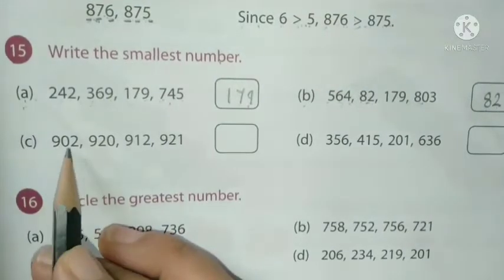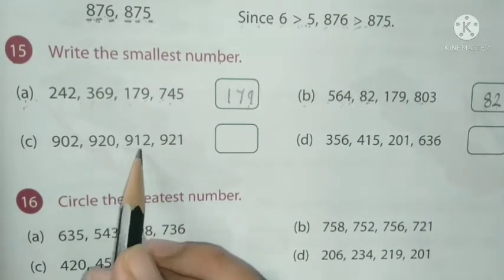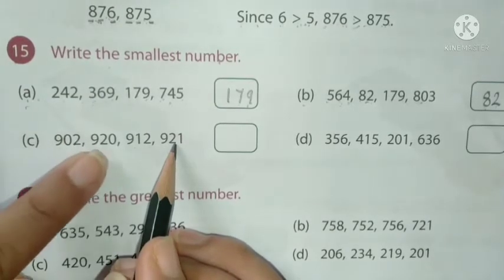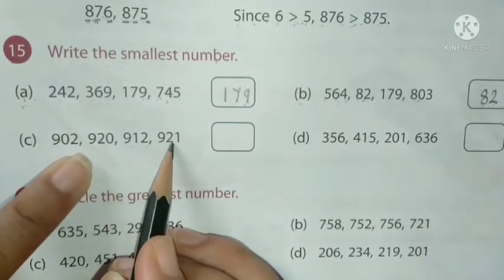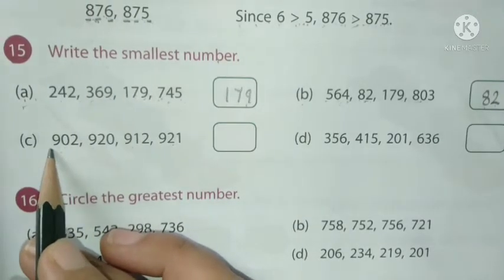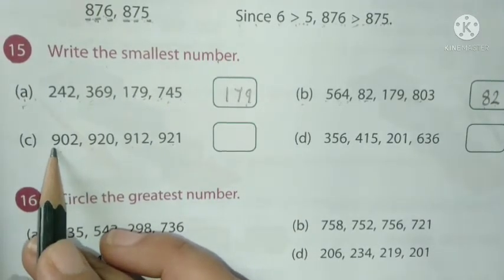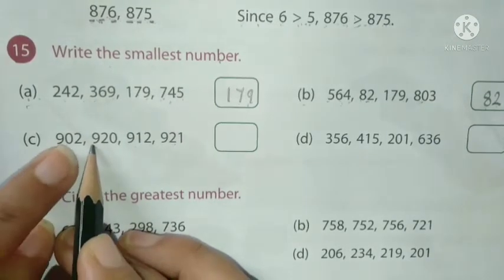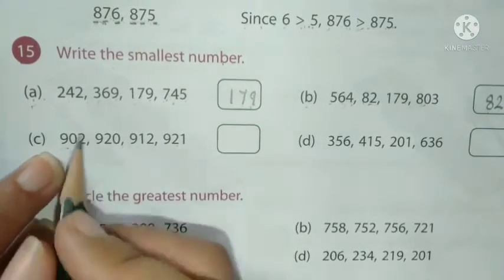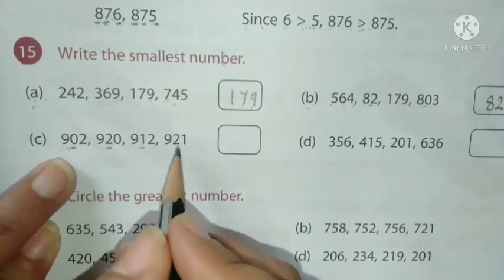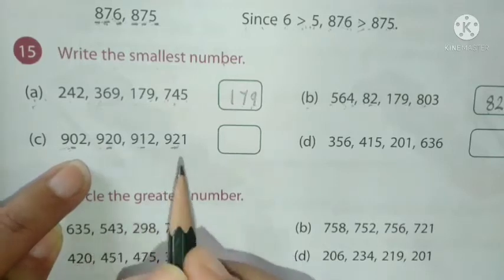Next, 902, 920, 912, 921. So tell me, which is the smallest number here? Yes, you can see here in all these numbers the hundreds place is the same number, okay, 9. So we will see the tens place. Here 0 is given, here 2 is given, here 1 is given, again here 2 is given.